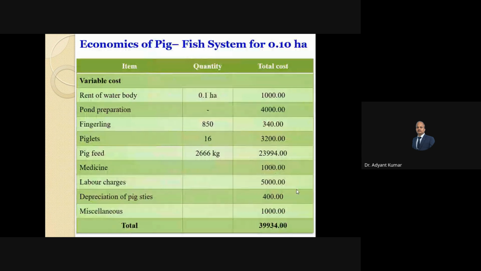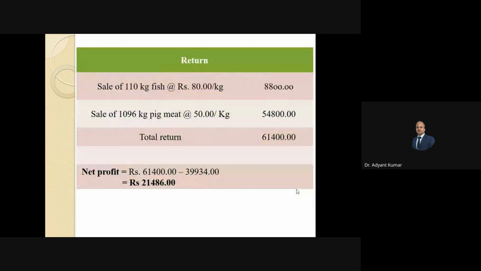When we go for the economics, in 0.1 hectare area, the average cost of production is 39,934 rupees in Indian currency, and we can obtain a gross return of INR 61,400 and a net return of INR 21,486 for the first year. And from next year onwards, the cost of production will reduce as well as the net return will increase.